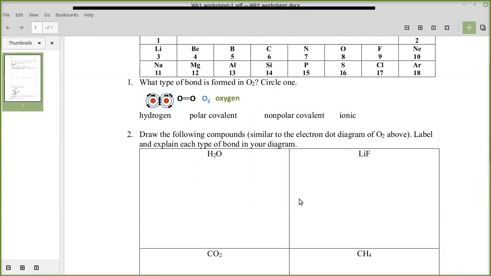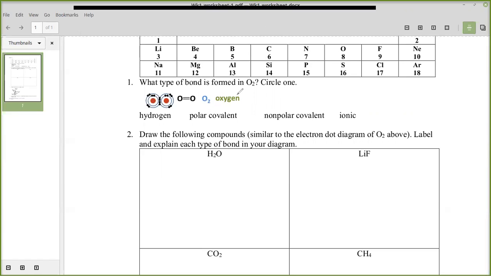So let's go. Okay, so our first question is this one.